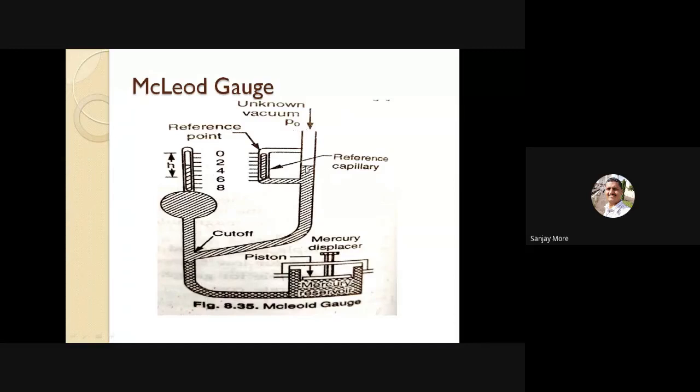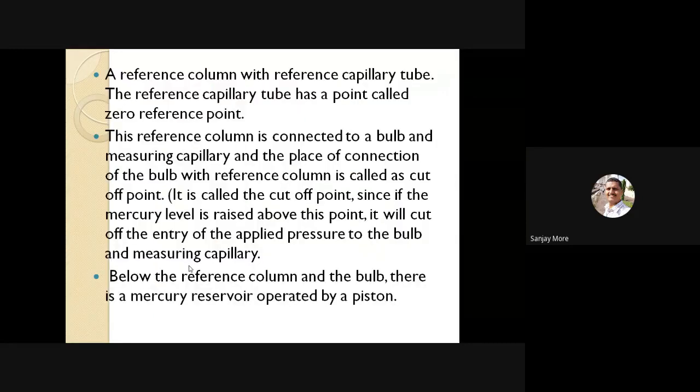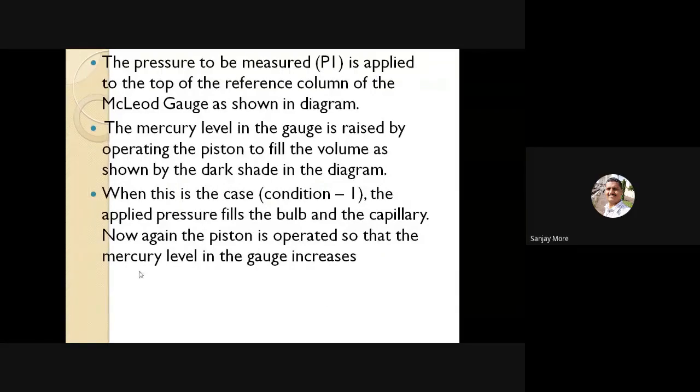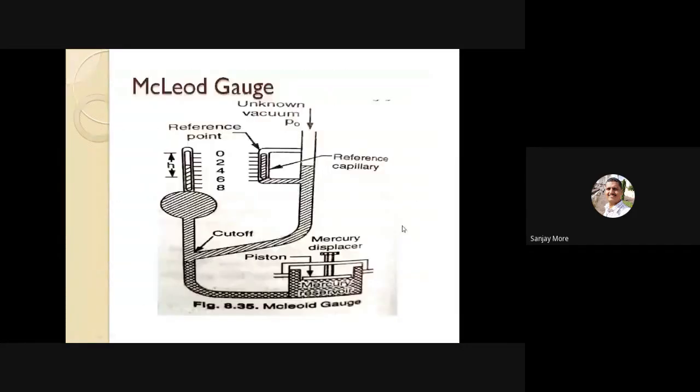Some pressure is there, and here mercury is at the cutoff point. This is condition 1. In this condition, the applied pressure fills the bulb and the capillary. Here this air pressure comes and fills this capillary and this bulb also.